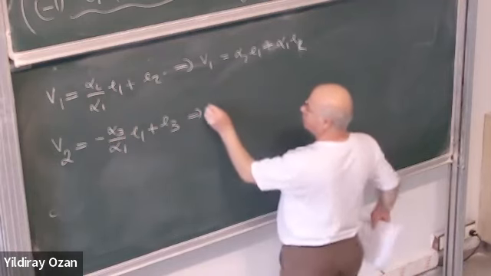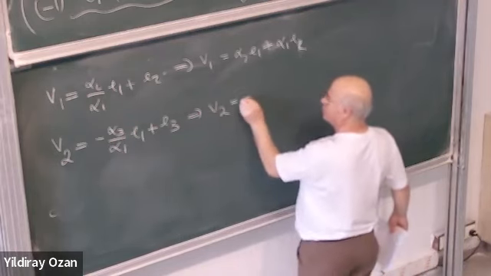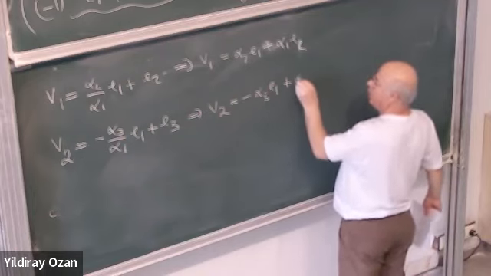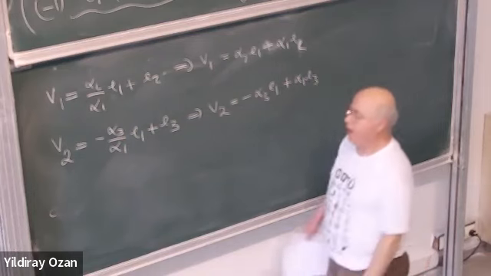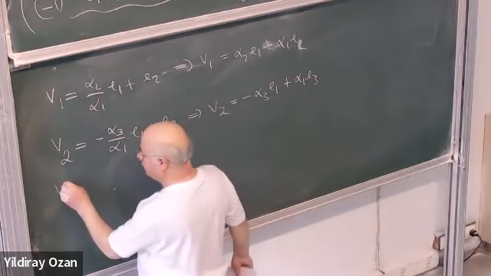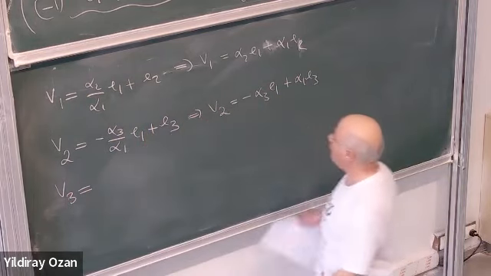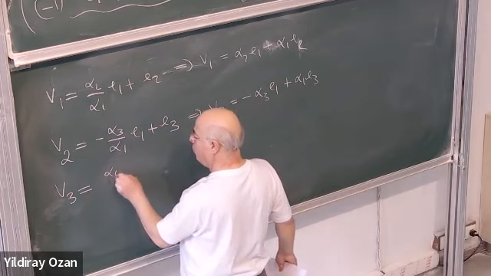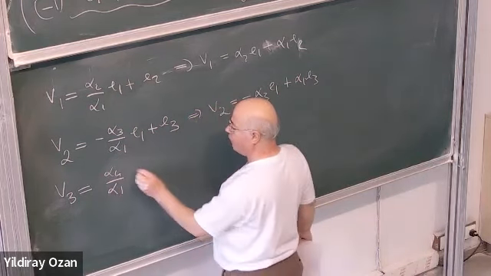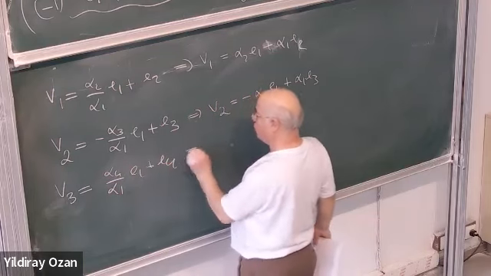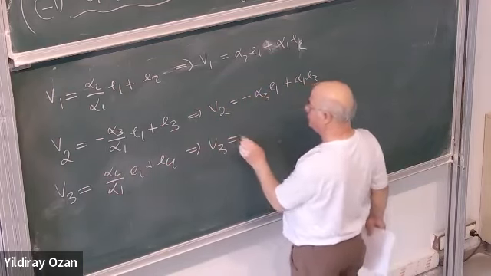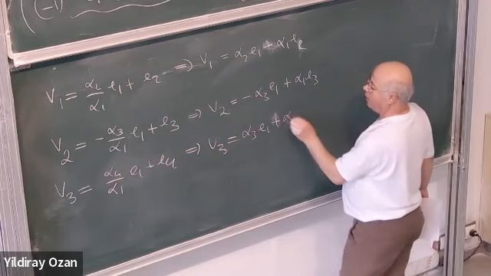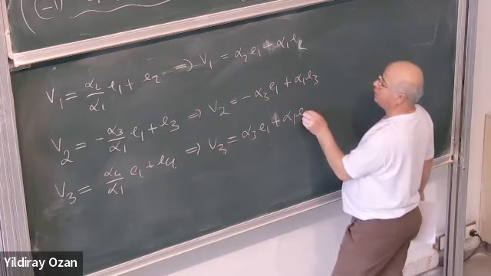Just take some multiple of it. So this is just minus alpha 3 E1 plus alpha 1 E3. And I'll go like this. What will be the third one? Well, the third one will be alpha 4 over alpha 1 E1 plus E4. So V3 will be just alpha 4 E1 plus alpha 1 E4.